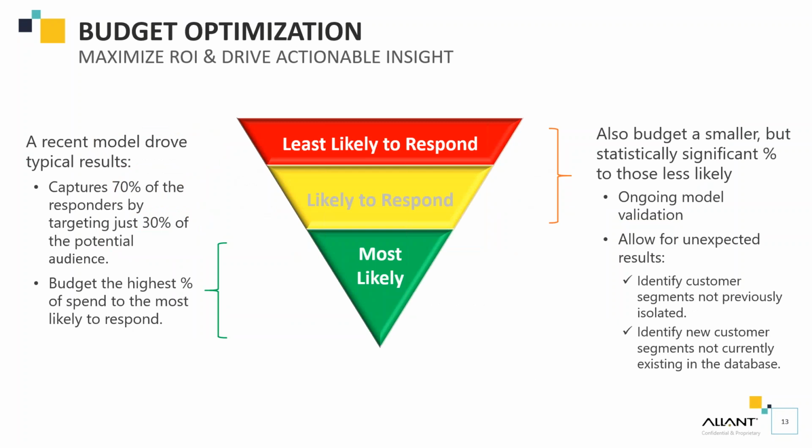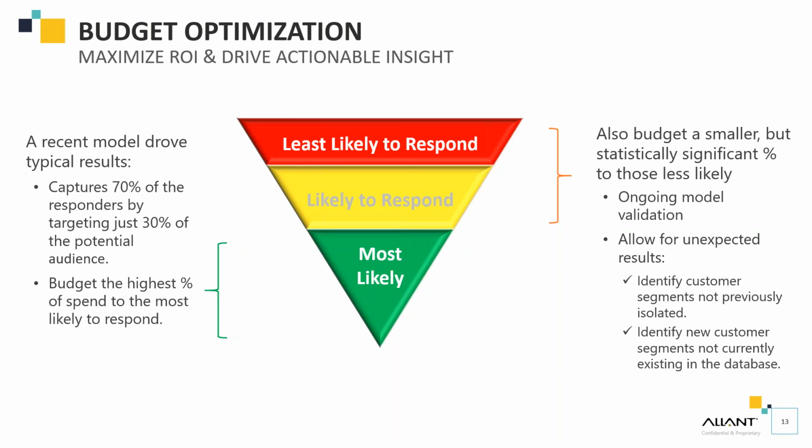So really, you can see now that you can maximize your ROI by focusing on the right target audience. Again, a recent model we built captures 70% of the responders by targeting just 30% of the potential universe. It's almost a 250% lift. So clearly, you want to budget the highest percentage to those that are most likely to respond.